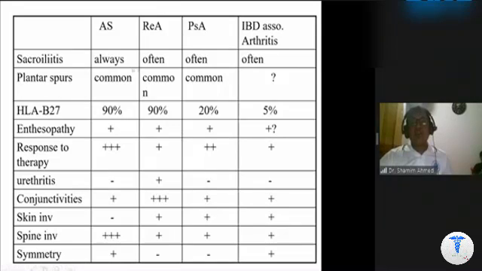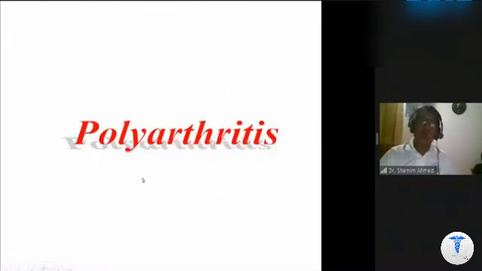Plantar fasciitis is more common in ankylosing spondylitis, reactive arthritis, and psoriatic arthritis. In ankylosing spondylitis and reactive arthritis, 90% of cases are HLA-B27 positive, and ankylosing spondylitis has good response to NSAID. Urethritis is more common in reactive arthritis, and conjunctivitis is also more common in reactive arthritis, and spinal involvement is common in ankylosing spondylitis.